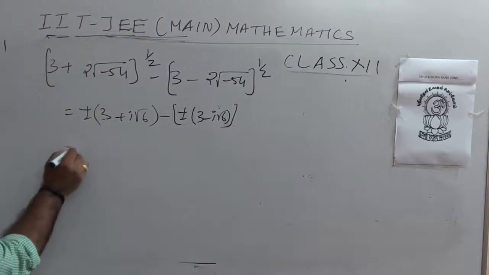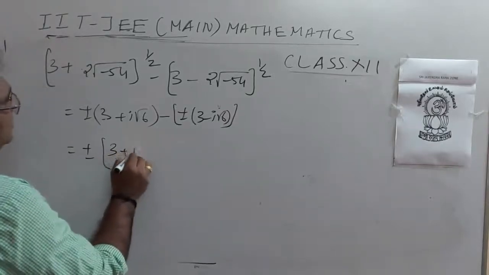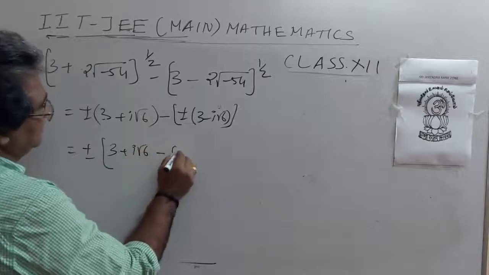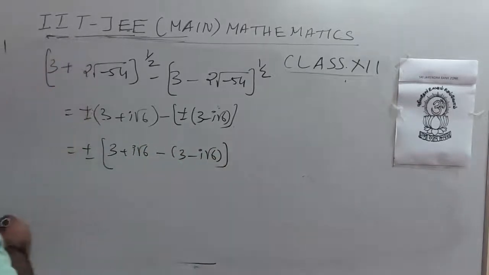Now you take plus or minus common: 3 plus i root 6 minus 3 minus i root 6.